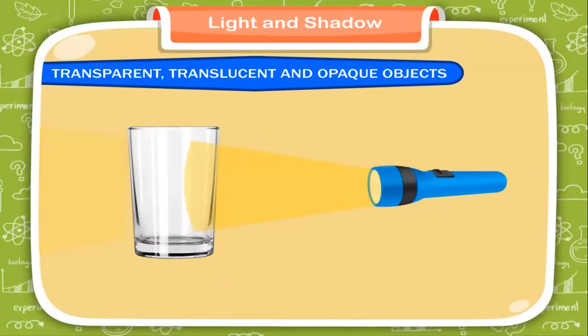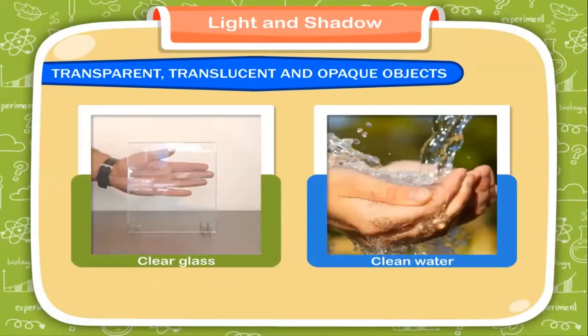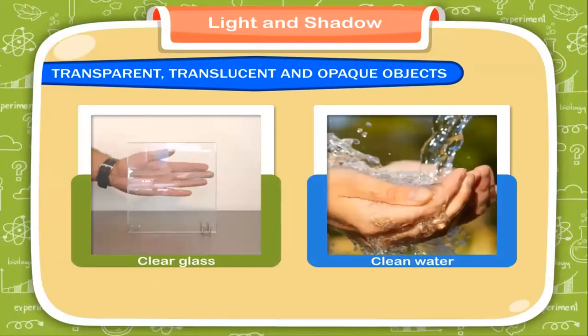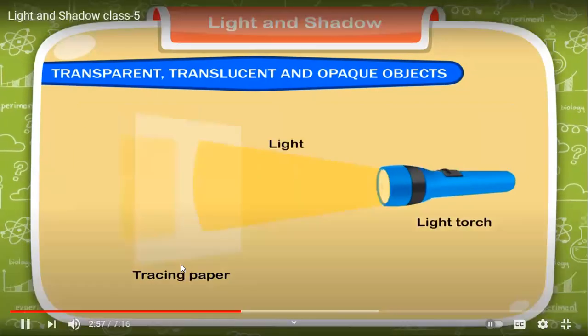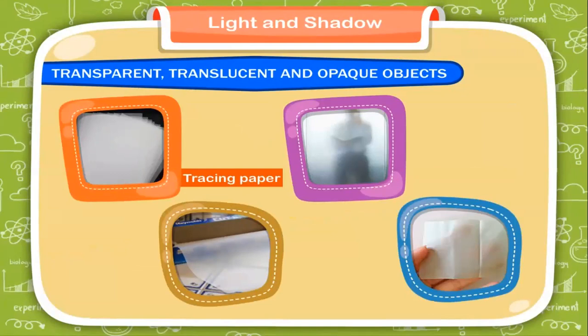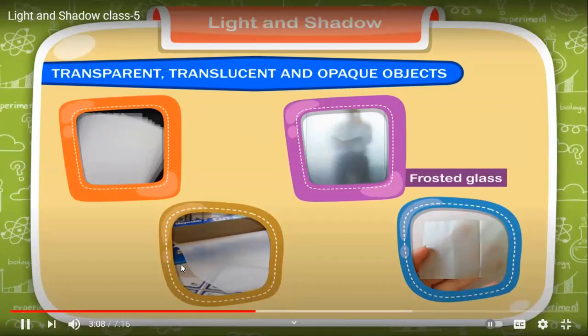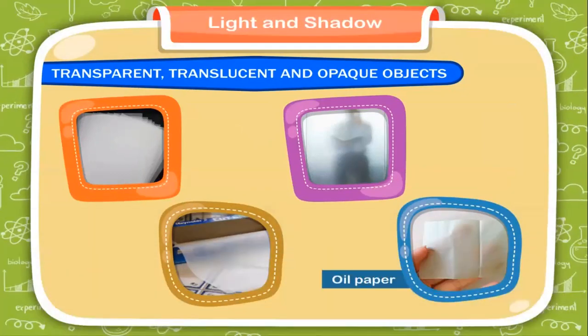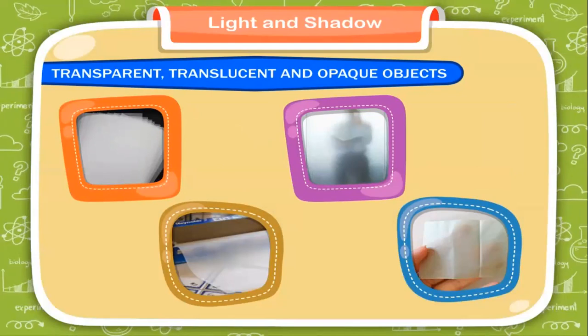Examples: clear glass and clean water are transparent objects. The objects which allow only a part of light to pass through them are called translucent objects. Examples: tracing paper, frosted glass, wax paper, and oil paper are translucent objects.